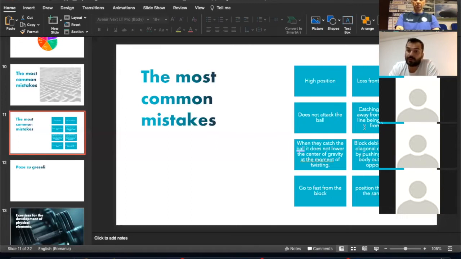And also about catching the ball away from the 6 meter line. In this fight, one on one, the opponent tries to push you outside. And if you don't keep one leg very close to the 6 line, you lose the opportunity to turn around and be very fast inside the 6 meters.